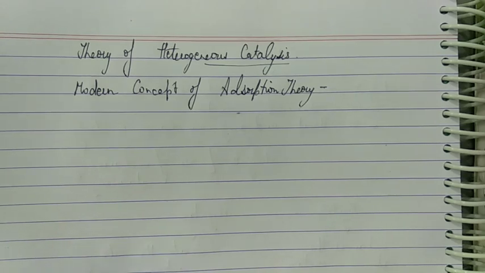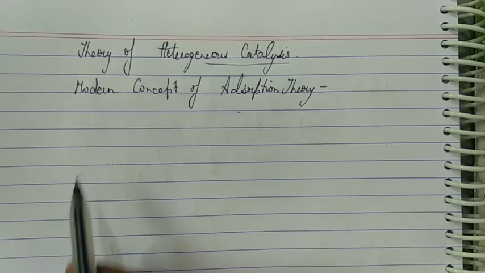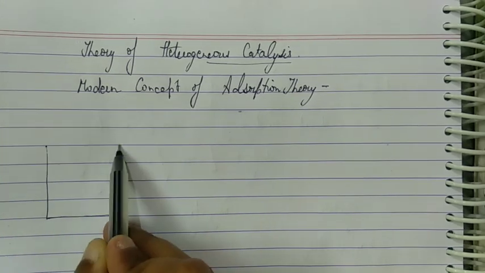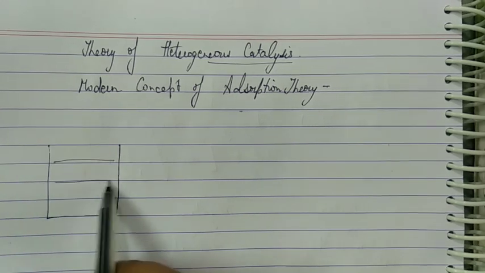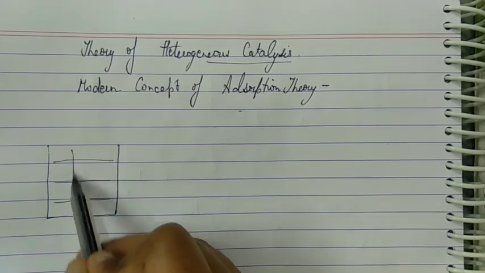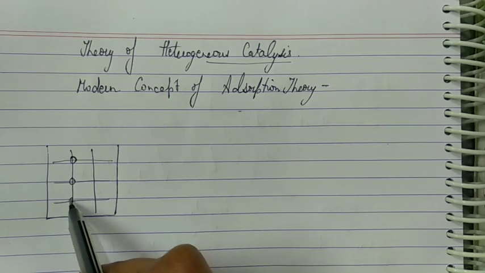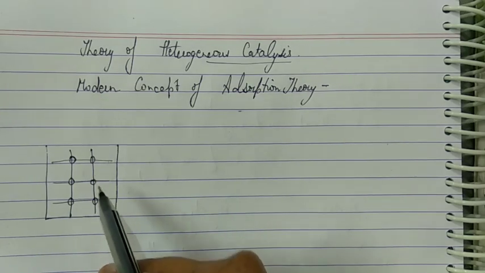The first one is diffusion of reactant molecules towards the surface of the catalyst. Let us see this with the help of a systematic diagram. Suppose here we are having a catalyst, and on the surface of the catalyst there are free valencies, or you can say cavities or space.